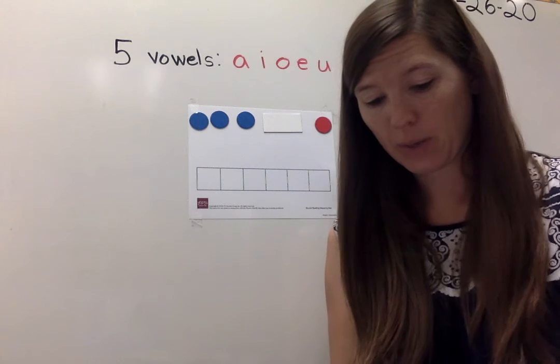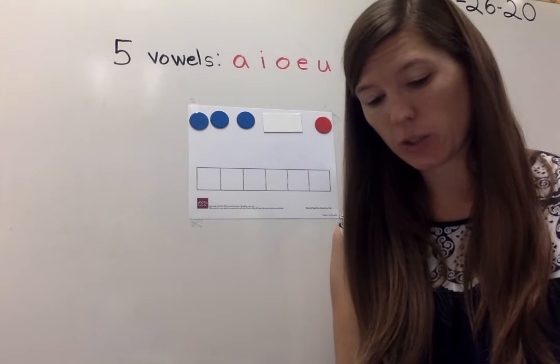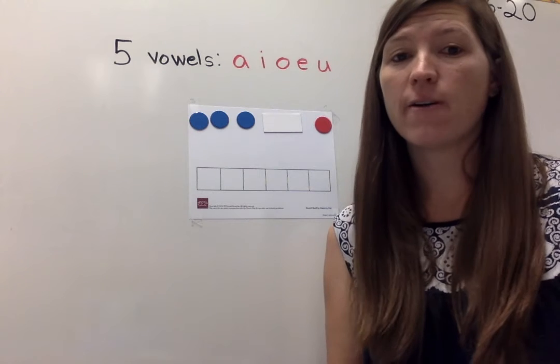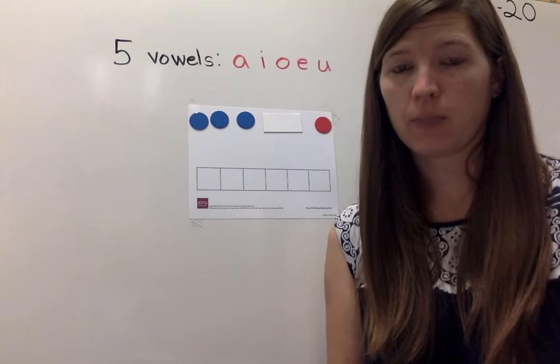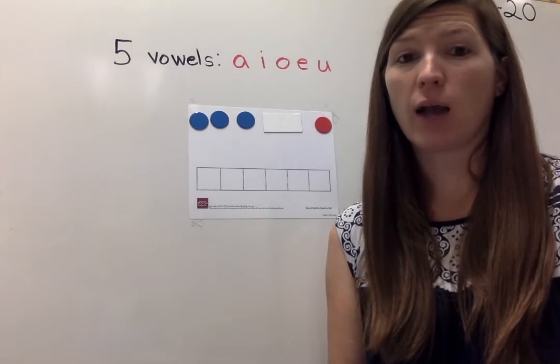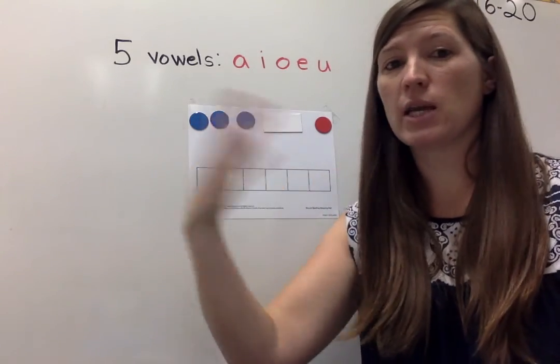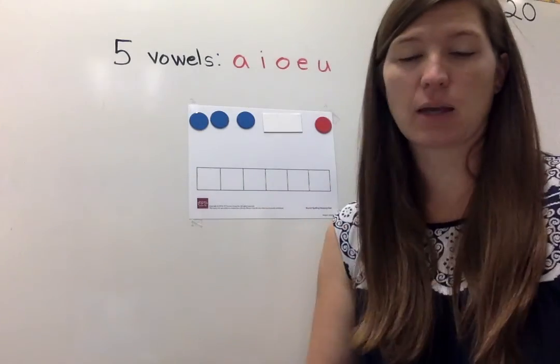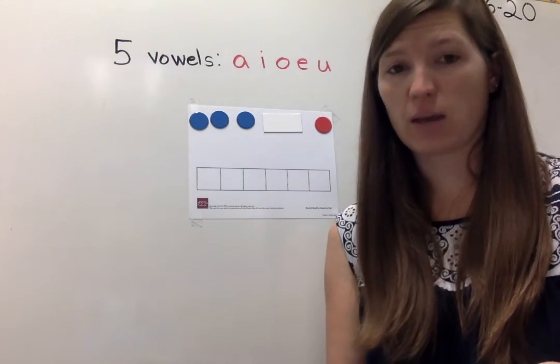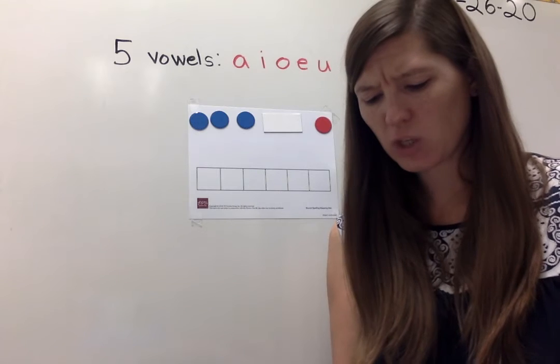Last one for today. This time I'll move the chips while you answer. The next word is fan. I want you to repeat. Fan. A fan, if you get hot, you could turn on the fan and it rotates, or you could put your hands like this. I fan myself because I'm hot. So fan.